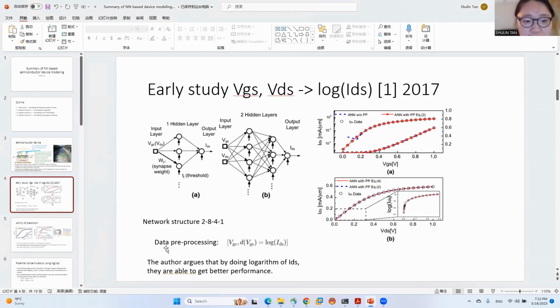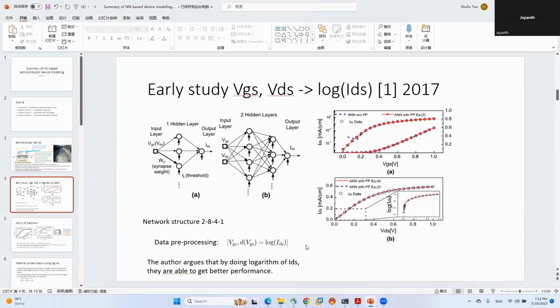Usually we can see that IDS is something like e to the VGS something.